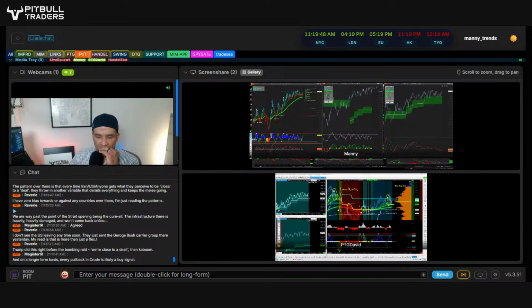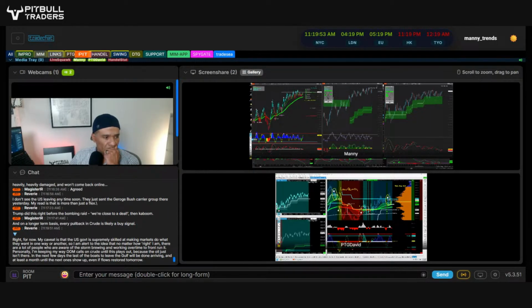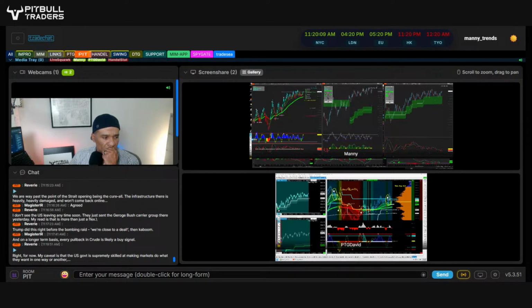So if you're using signal generating software or anything algorithmic, or even your own method, even if you don't have a computer generating signals, you need to have your own criteria. How am I entering a trade? What are the conditions for entering the trade? What would be triggering me into a trade? Things like that all need to be predefined.